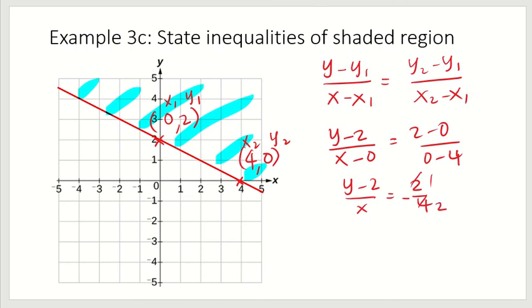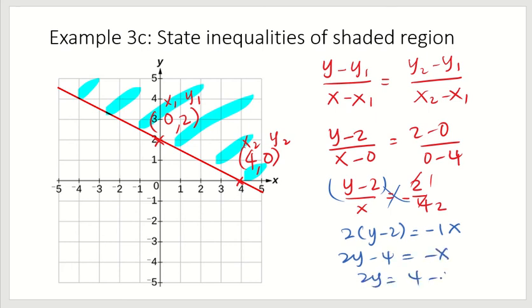After this, what to do? Do the cross multiplication. The 2 moves to the front: 2 times y minus 2 equal to negative 1 times x. I don't move the negative 2 to the front because I want the y to be positive. So you get 2y minus 4 equal to negative x. 2y equal to 4 minus x, or 2y plus x equal to 4.